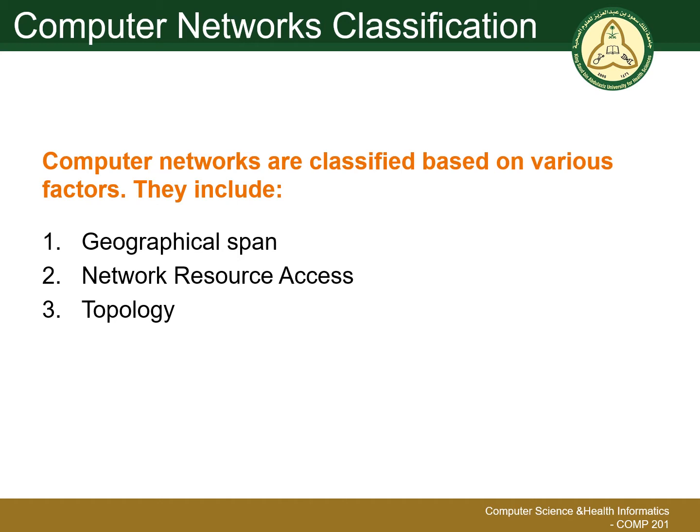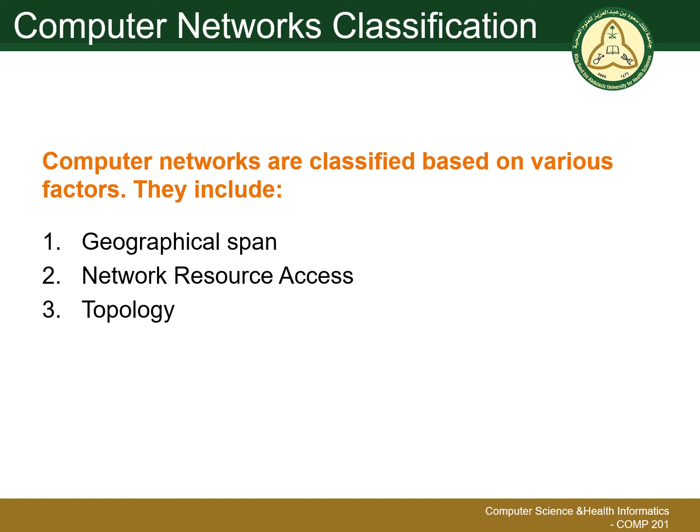Second is network resource access, which is how the parties can access the data. What kind of privileges do they have when they are accessing the shared data or shared resources? Third one is the topology, which is the physical arrangement of the communication devices, or the architecture of that.